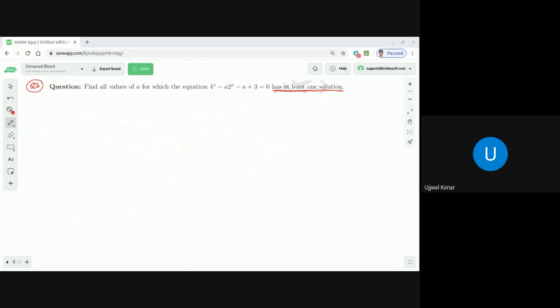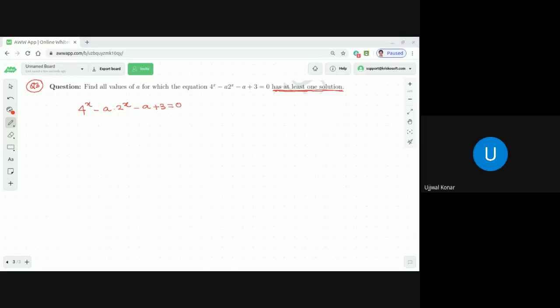So what is our equation, dear student? Our equation is 4 power x minus a into 2 to the power x minus a plus 3 is equal to 0. Now, whenever you get this kind of problem, you see that 4 power x is nothing but 2 power x whole power 2.